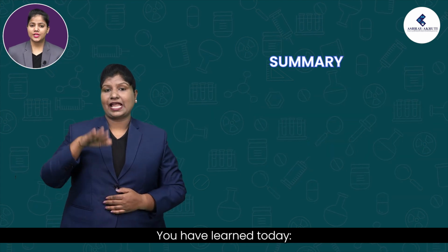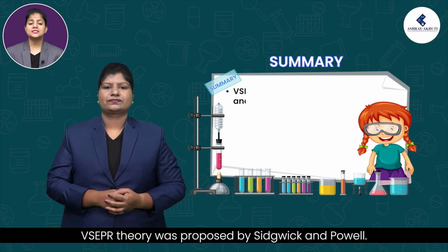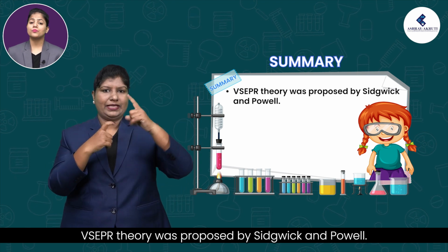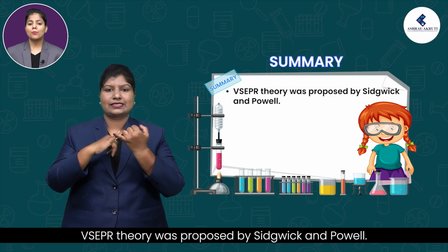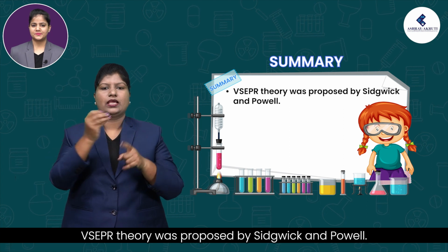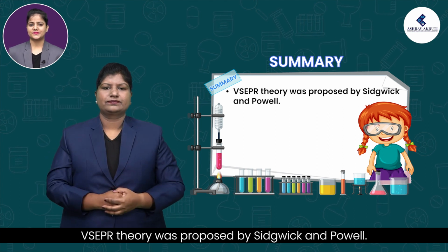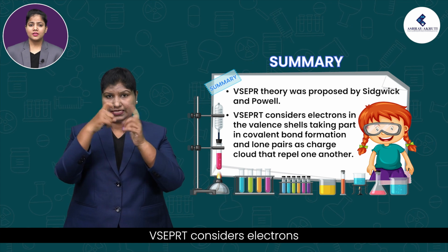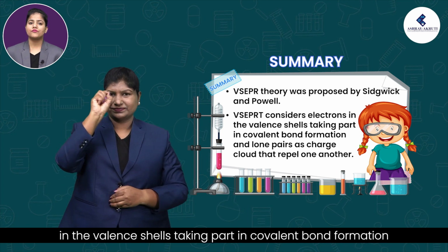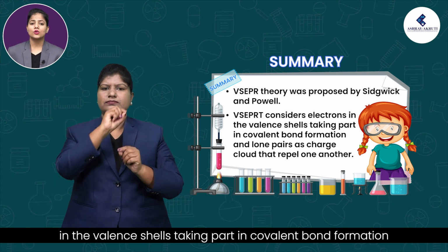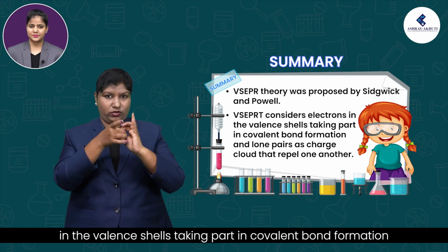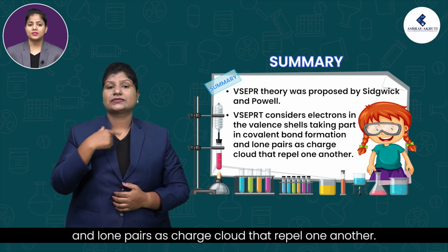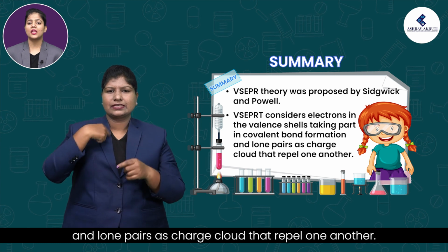You have learned today: VSEPR theory was proposed by Sidgwick and Powell. VSEPRT considers electrons in the valence shell taking part in covalent bond formation and lone pairs as charge clouds that repel one another.